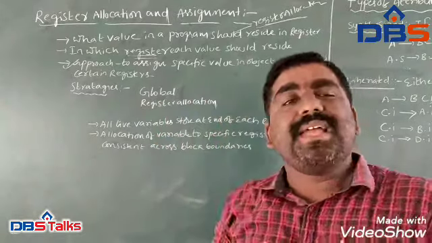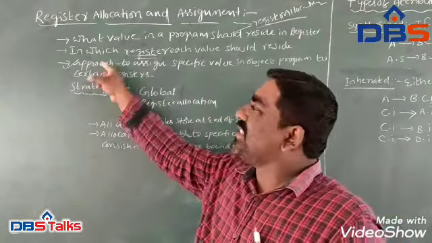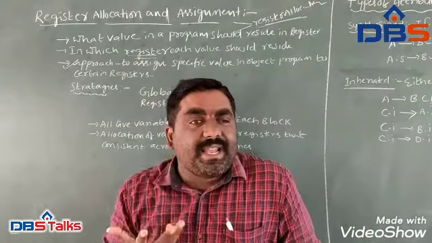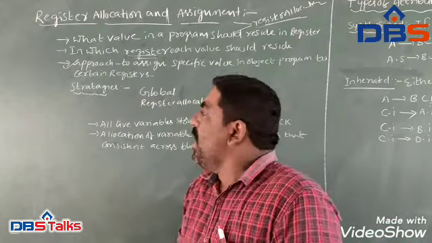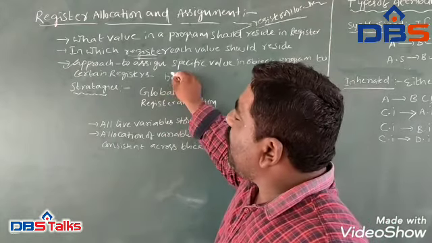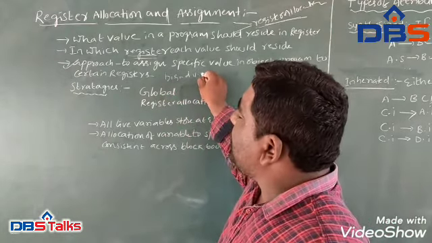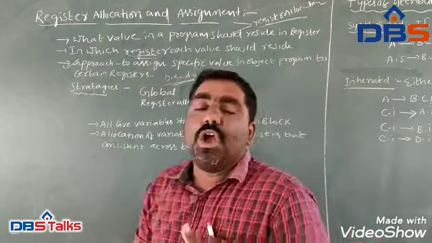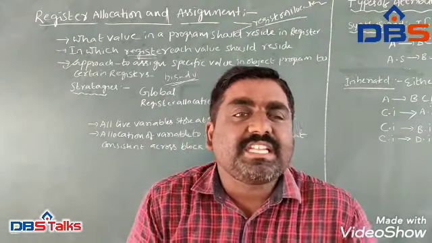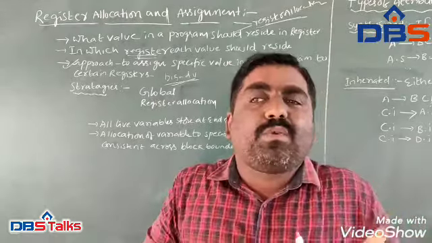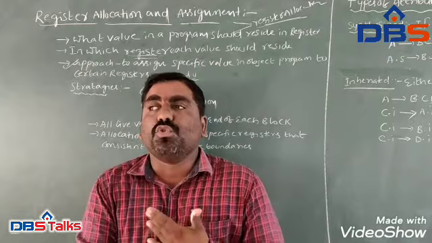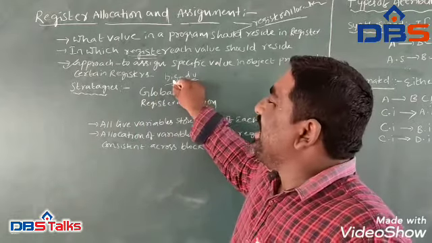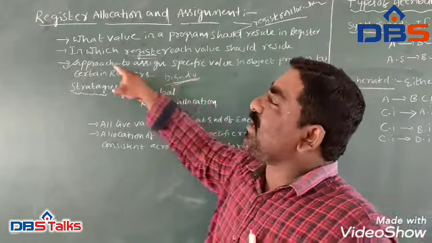The advantage is that designing the compiler is very easy. The disadvantage is that we use the registers inefficiently, using too many registers.